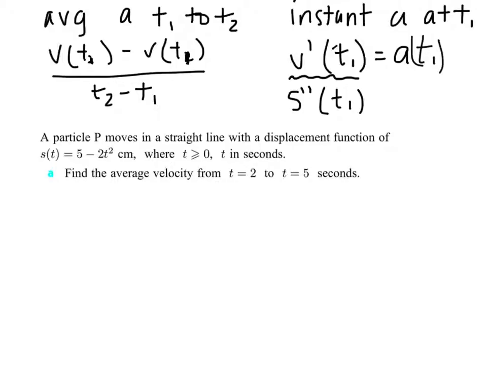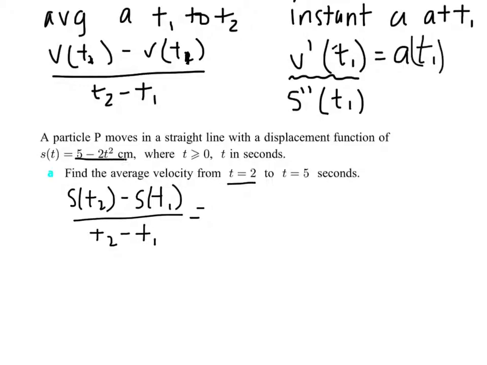And so to find the average velocity, I would do the position at time 2 minus the position at time 1, divided by time 2 minus time 1. So that would be, let's see, when time equals 5 in this function, we get 5 minus 50, so negative 45.